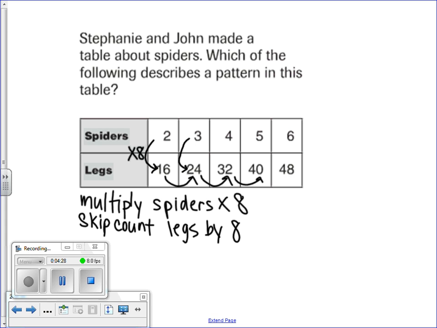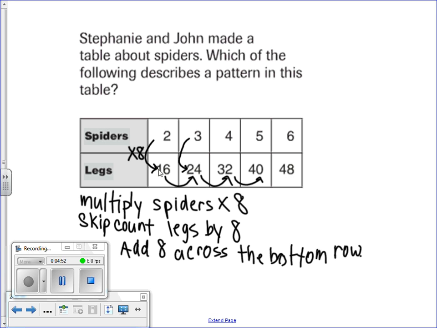If I divide 16 by 8, the answer is not 24. Annabelle? Add 8. So if we say we add 8 across the bottom row, that's another way to describe this pattern. So we came up with 3 ways to name the pattern.